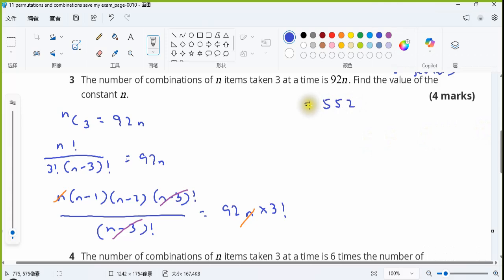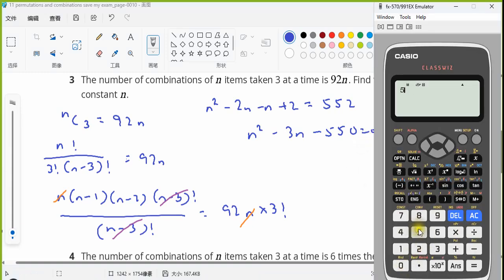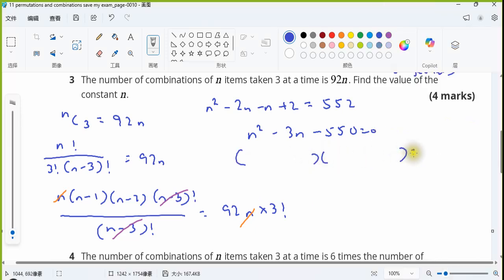So 552 equal to n squared minus 2n minus n plus 2. So n squared minus 3n minus 550 equal to 0. So 550 is the 25, 22. So we have n, 25, 22. So minus 25 plus 22.